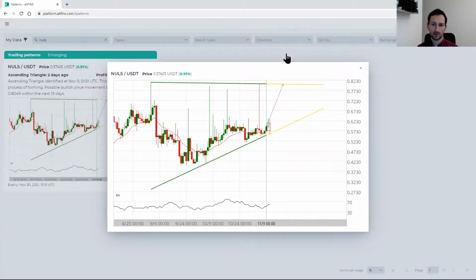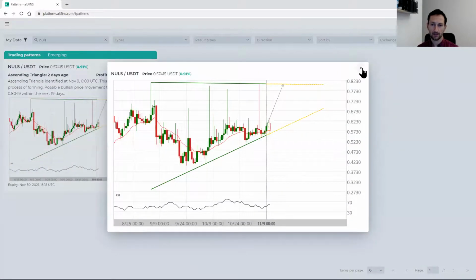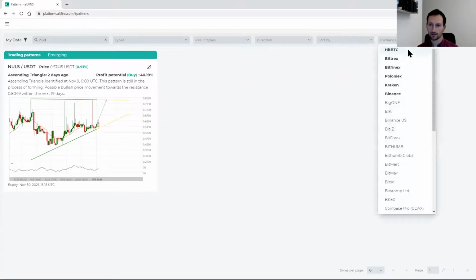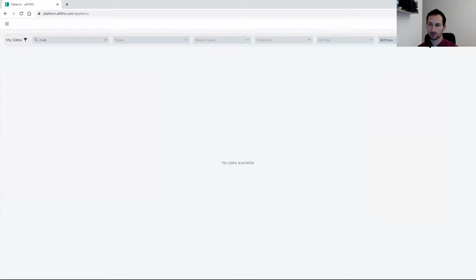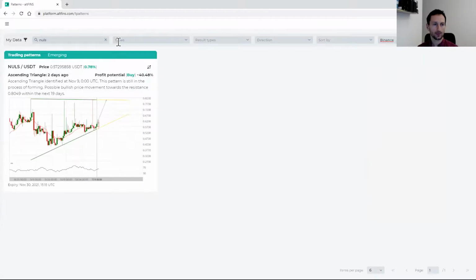This was 2 days ago, so we've got two extra candles now. It's up 1% today, not much, but it's got a decent upside, about 40%. Let's see if it's on Binance, because that's what I'm using, not Bitfinex, but Binance. Okay, it is. So we can certainly consider that. I'm sure Litecoin is there as well.